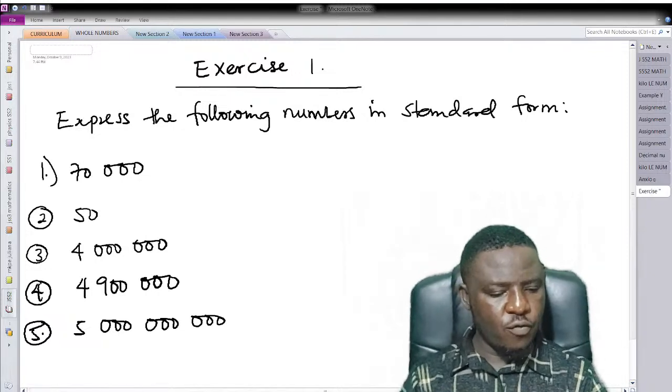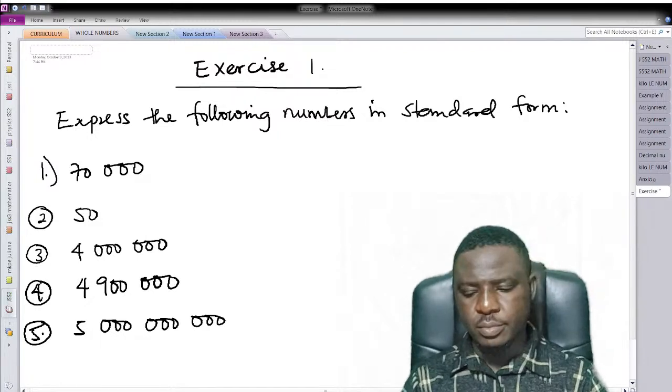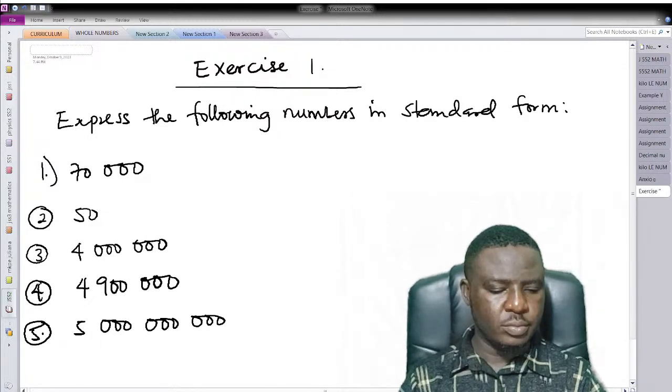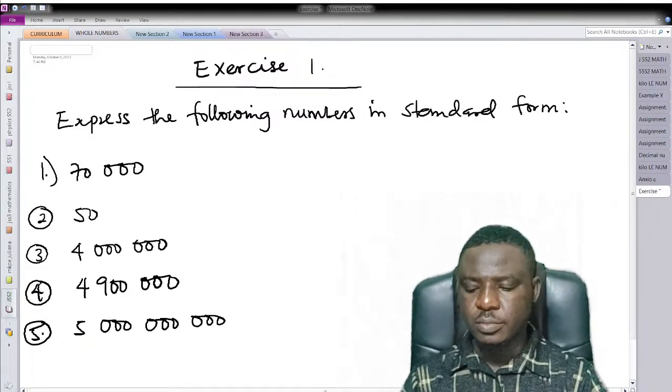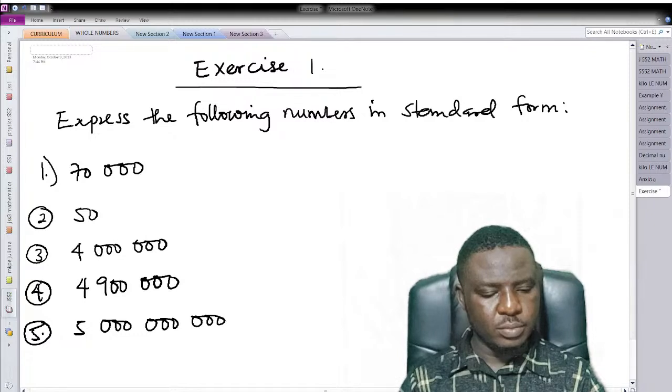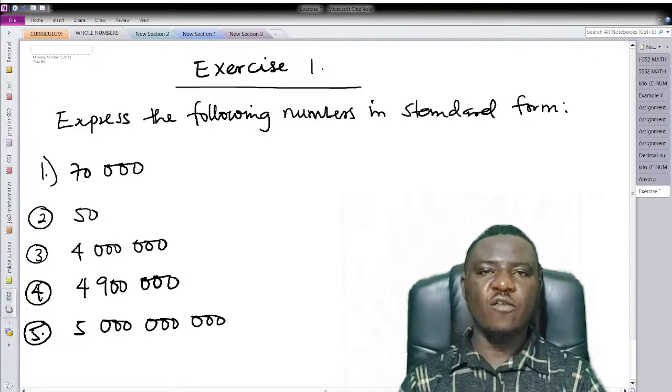Number 3, 4 times 10 to power 6. Correct? That's correct. So what do you have for 4 and 5?